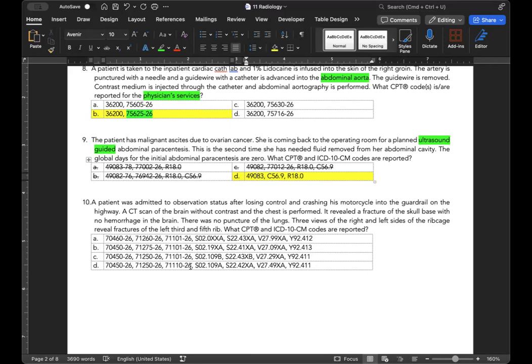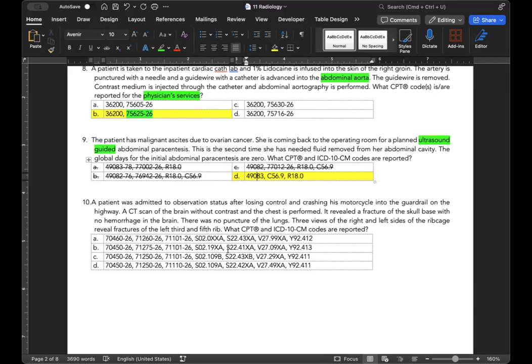So for this one, for number 10, we have a couple different ways that we can rule out. You can look at your ICD-10. Actually, that's probably how I would do it, is look at your ICD-10. Okay.